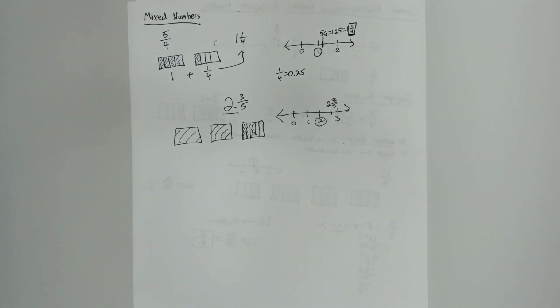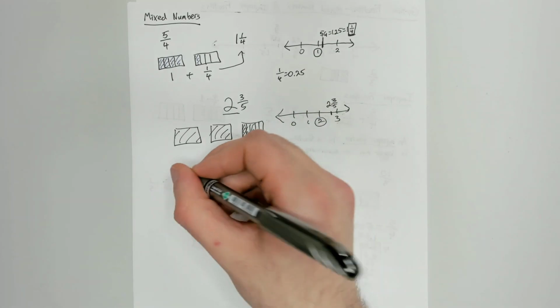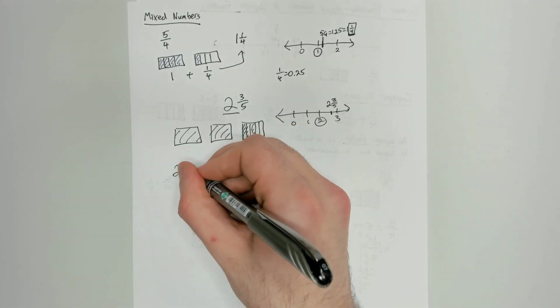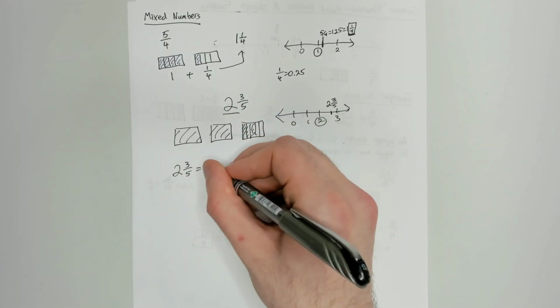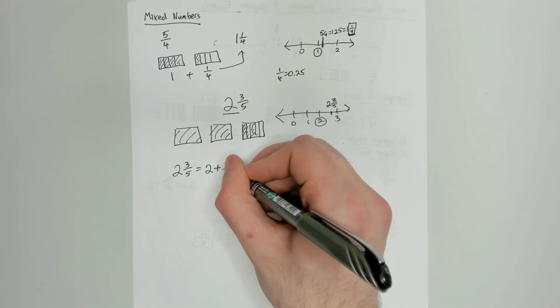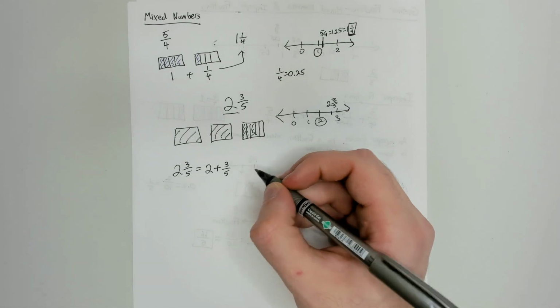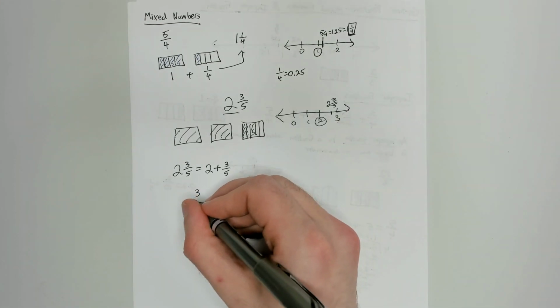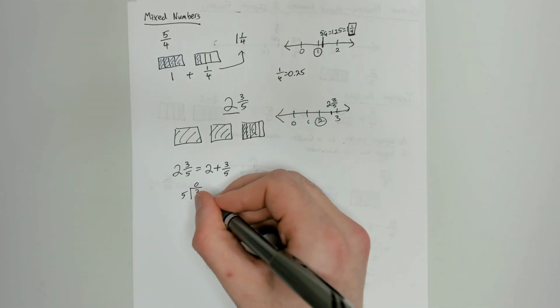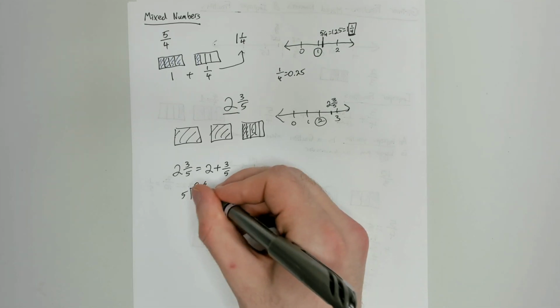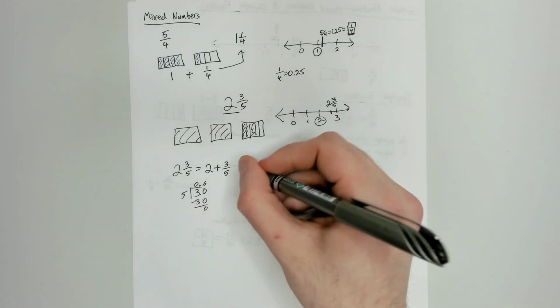So it basically just gives us another way to write an improper fraction. So now the question is, how do we convert these mixed numbers into decimals? Let's take this 2 and 3/5. Now we recall that 2 and 3/5 is the same as 2 plus 3/5. So all we have to do is convert 3/5 into a decimal, and then we just add it. 3/5 converted into a decimal is 0.6.